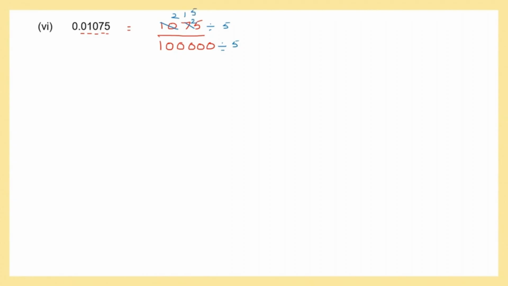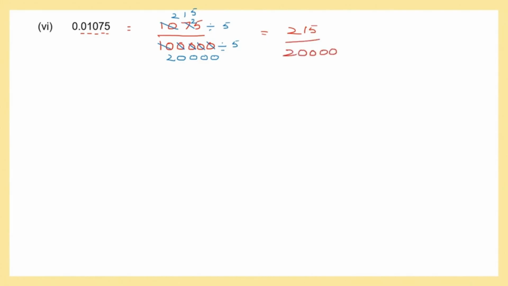Let's go to the denominator. 5 twos are 10, bring down the 0, 1 more and 1 more. So we get 20,000. So right now, we've got 215 by 20,000.